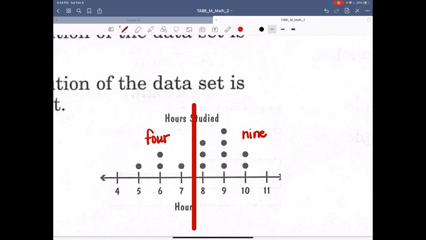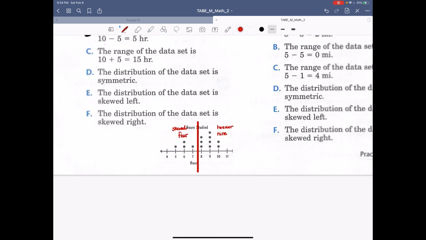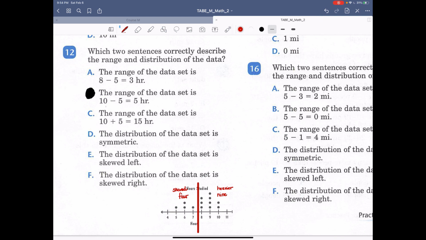We say that this is skewed left because it's heavier on the right side. So we would say that this data set is skewed left. And that is going to be, it's not symmetric.